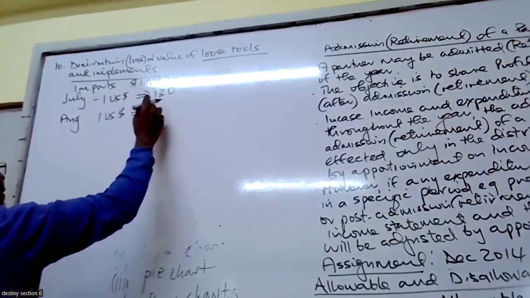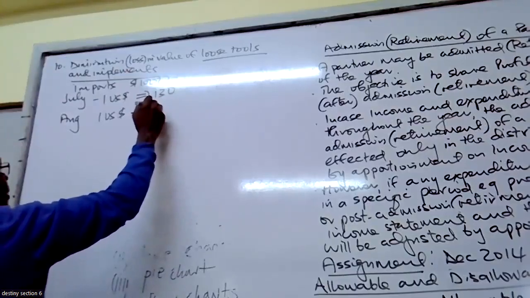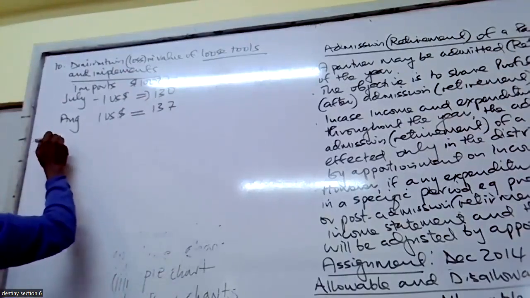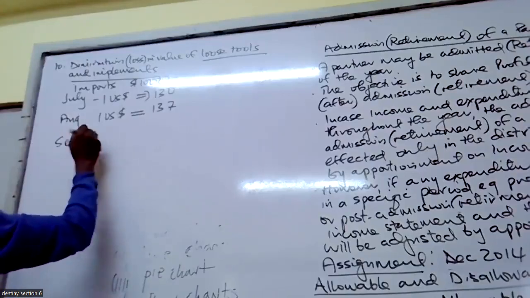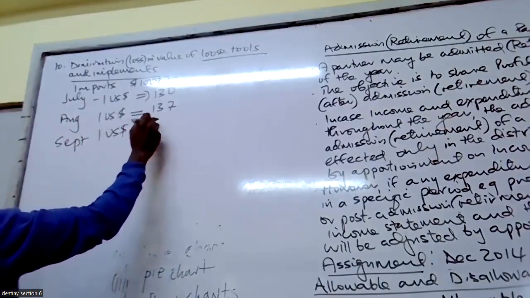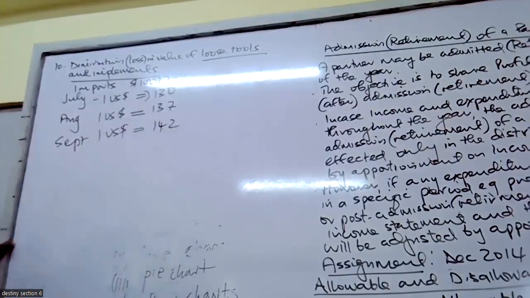In August, the exchange rate becomes 137. Then in September, when they are supposed to make payment, $1 exchanges for 142.